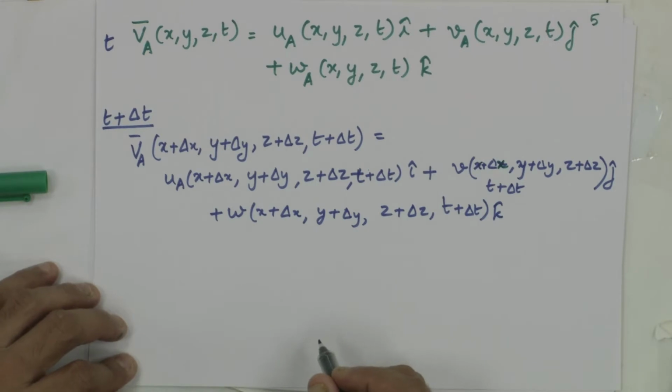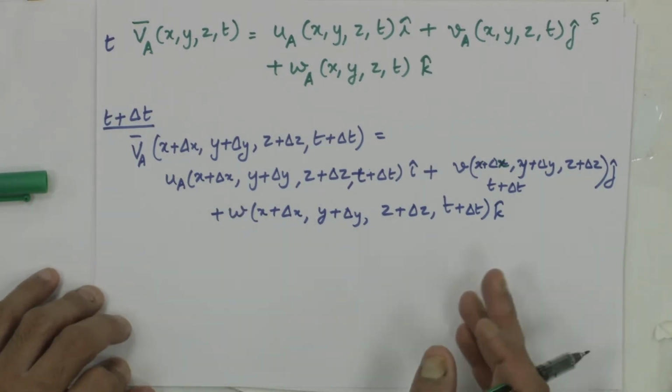We can drop off this A because any random particle is just a function of the local position and the time.